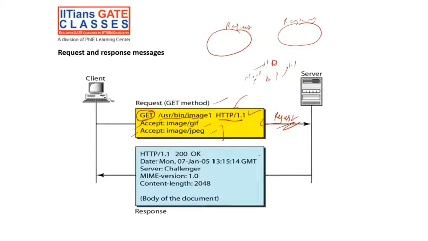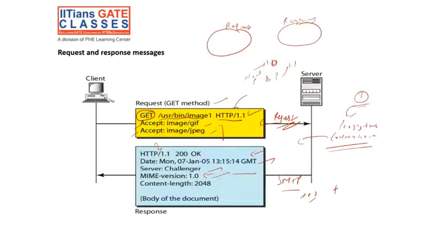Now see, the response is coming. Response HTTP 1.1, yes, from the persistent connection. So this connection is a persistent connection, 1.1. We will see the definition and all these things, right? One question actually came from persistent and non-persistent. And the date they are telling, server name, then MIME version. Yes, this is MIME version. I said SMTP is a text-based protocol, right?